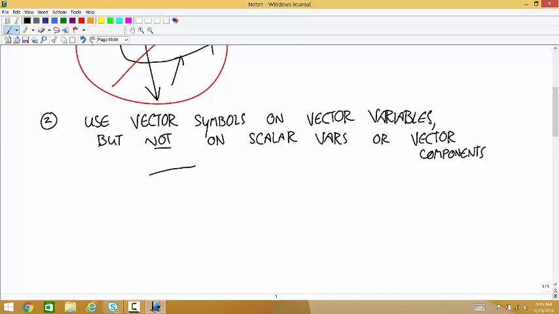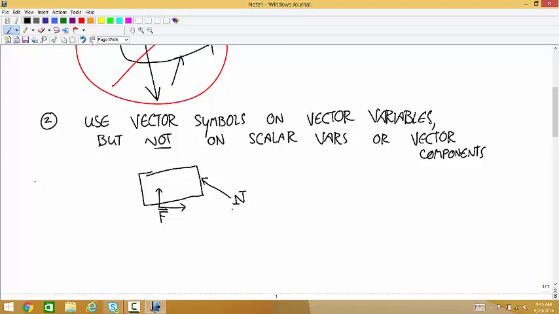So, for example, if this is the body, this is a vector variable, so use the arrow over the top. This is a scalar variable, so there's no vector symbol on that, even though that n, in combination with that unit vector I drew, is a vector. This variable n is not a vector, it's a number.